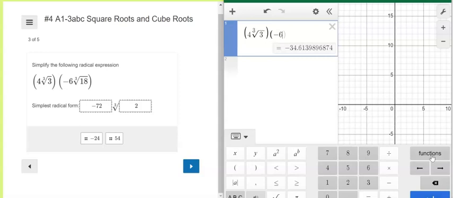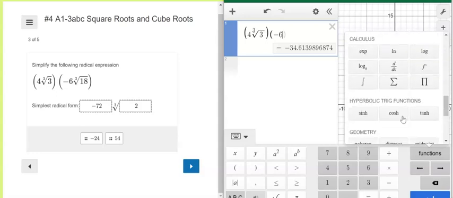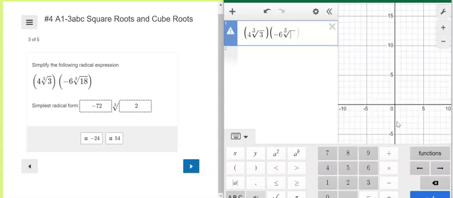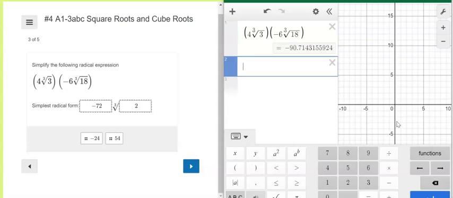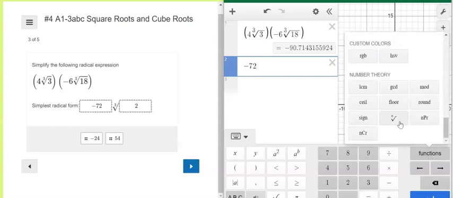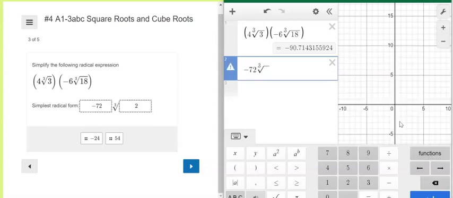Sorry, I'm still trying to figure out how to put this easier in Desmos. That's okay, at least it's calculating for me. That, and the answer that I think it is, well, I know it is. I hope it is. Let's see, 2. Yep, they're equivalent, so I know I did this right.